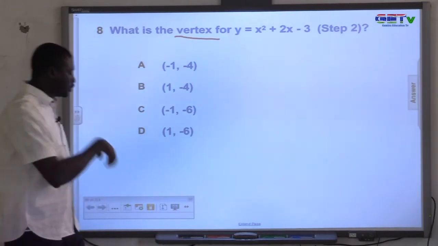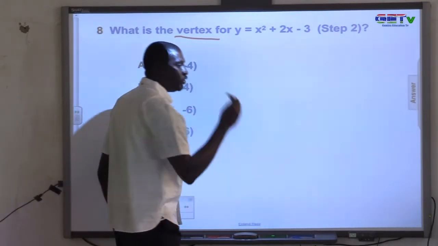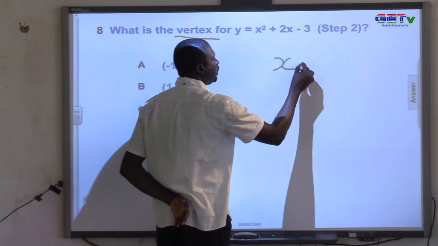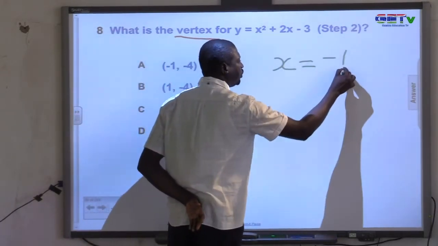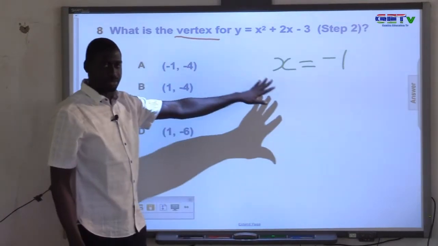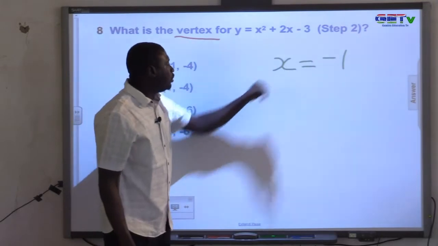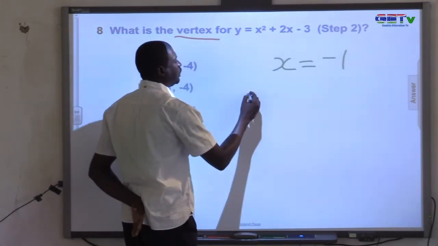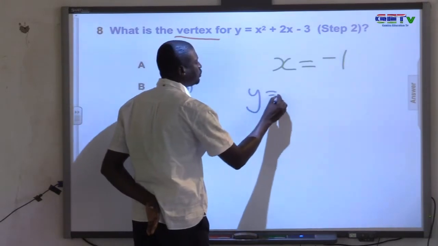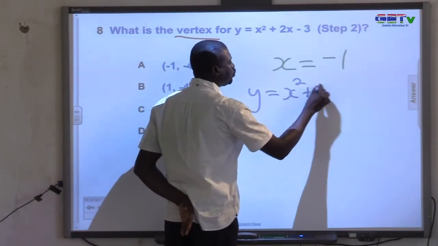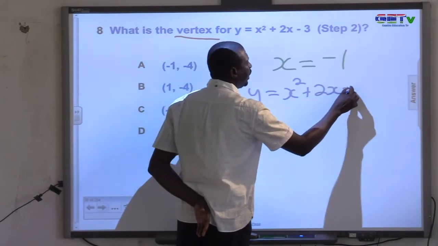In the previous lesson we solved for x. Our line of symmetry was x is equal to negative 1. This value you will substitute in the given function, y is equal to x squared plus 2x minus 3.